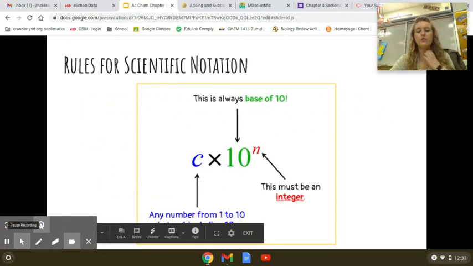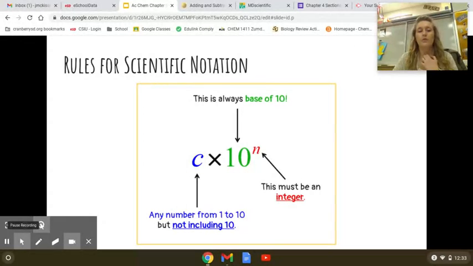Okay, so here's the format that we're going to have for scientific notation. The C is going to be any number from 1 to 10, but not including 10. So there can't be any two numbers in front of the decimal place, only one of them. You could have 9.9, but that would still only have 9 in the front. So nothing over 10.